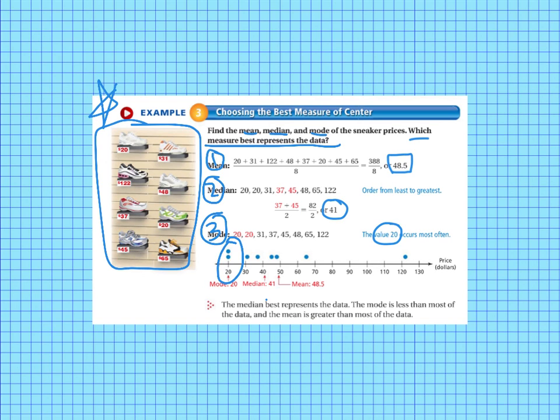And the mean is higher than almost all the other prices. There are only 2 other prices that are higher than the mean. So in this case, the median, which of course is in the middle, is the best representation of the data.